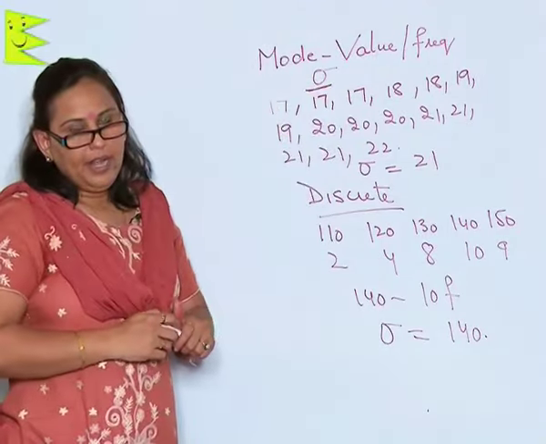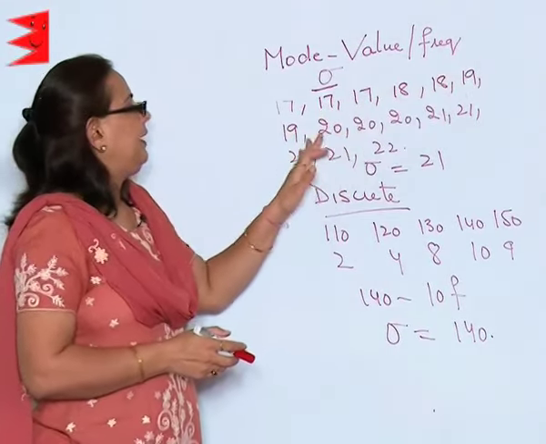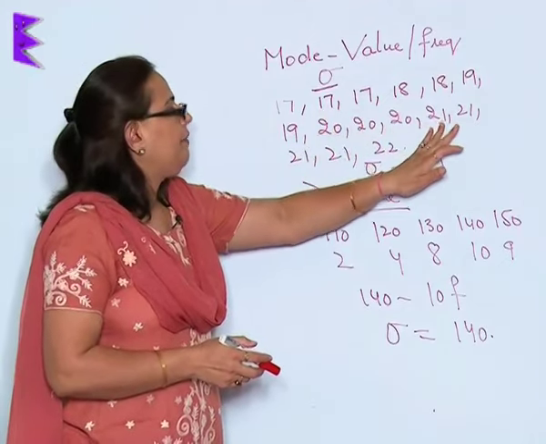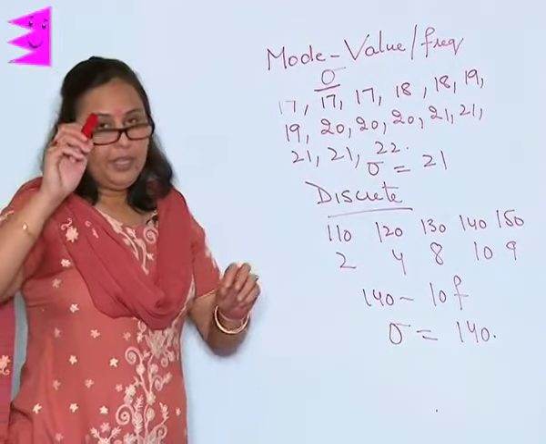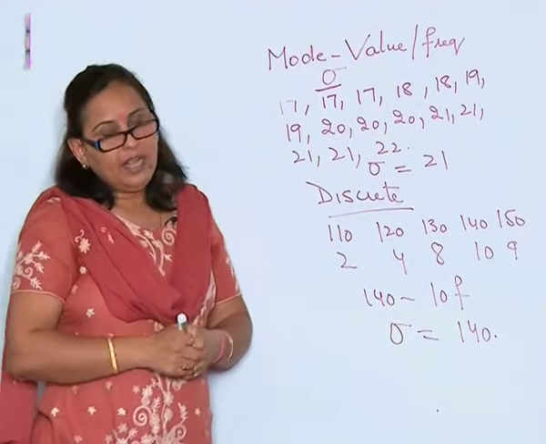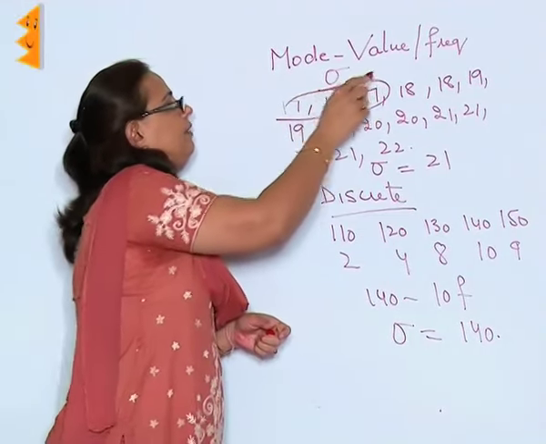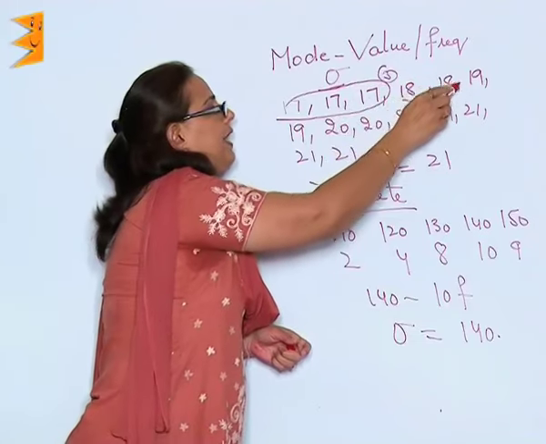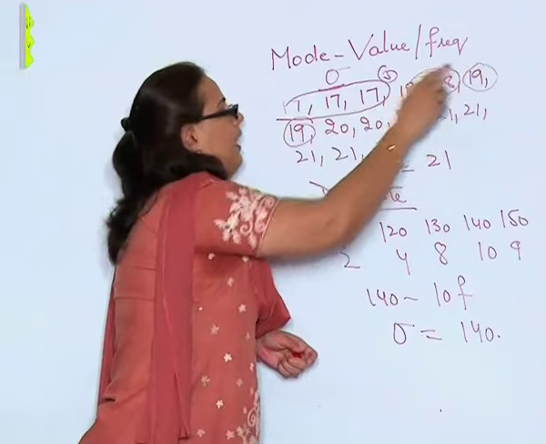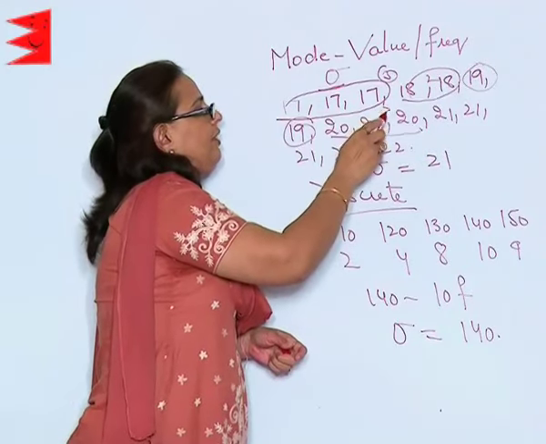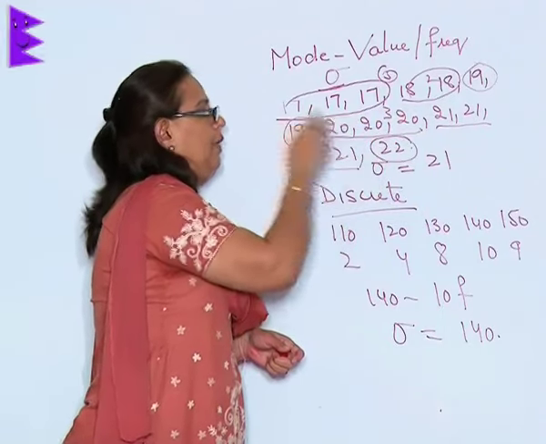Now, here I have picked up the numbers 17, 17, 17, 18, 18, 19, 19, 20, 20, 20, 21, 21, 21, 21, 22. Now, I will have to find out the value which has occurred more frequently. 17 has occurred 3 times, 18 has occurred 2 times, 19 has again occurred 2 times, 20 has occurred 3 times, 21 has occurred 4 times and 22 1 time.